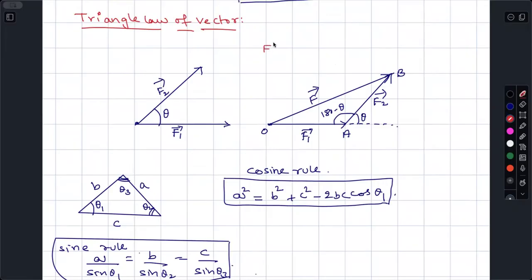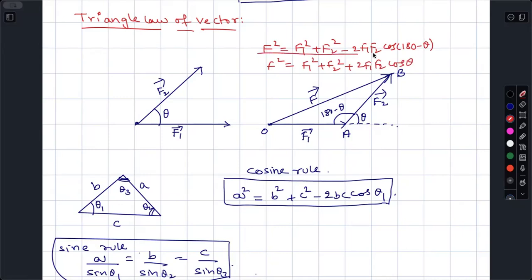Clearly, F square is F1 square plus F2 square minus 2F1 F2 cos 180 minus theta. My dear friends, this is nothing but F square is F1 square plus F2 square plus 2F1 F2 cos theta. That's the deal.